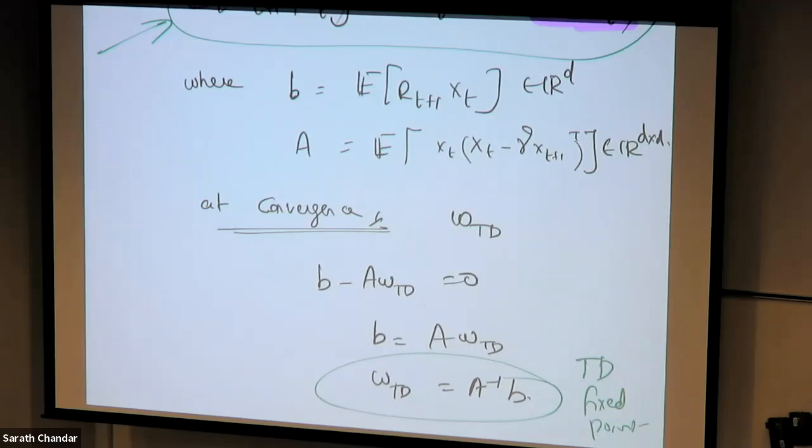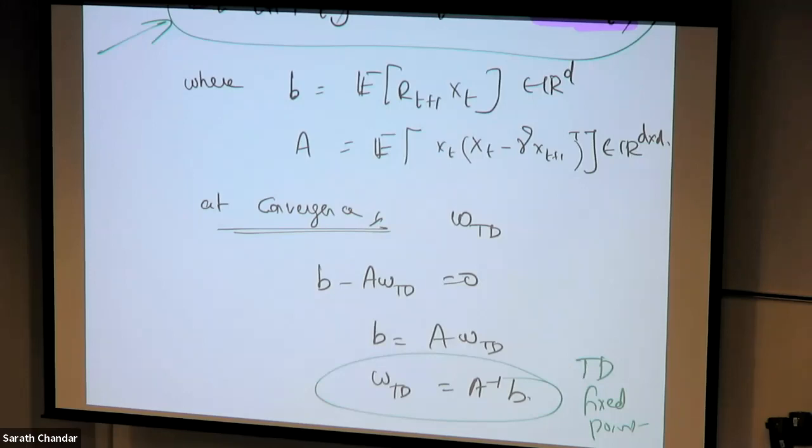If you are curious, it's a very simple proof, and you can go and read it in the book. The good news is this algorithm will converge. If we trust that, then this is the solution of this algorithm. Is that clear?